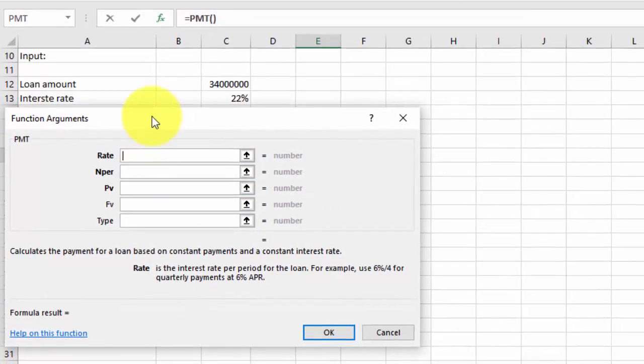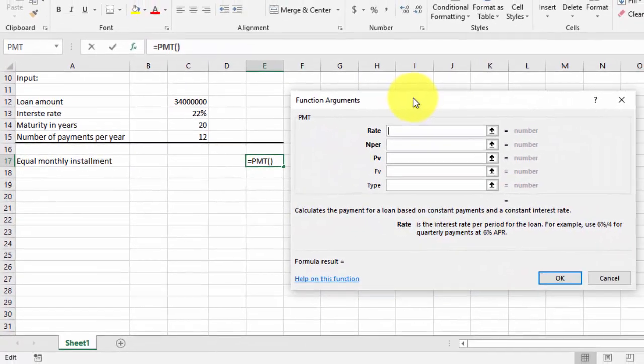Now we have got several areas of input here. So you can get the explanation here. Rate is the interest rate per period for the loan. For example, use 6% divided by 4 for quarterly payments of 6% APR.